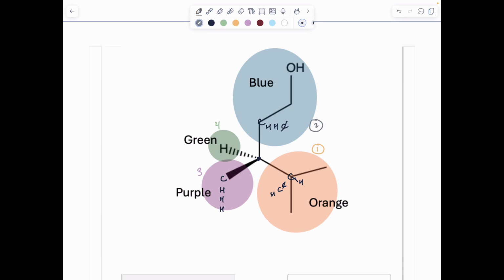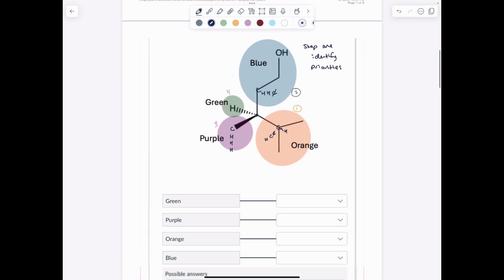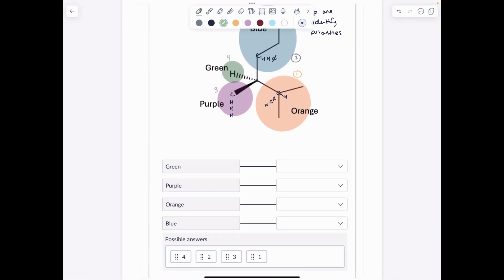So step 1 is identify the priorities. The question just asked you to tell which one is which priority. So green would have been 4, purple would have been 3, orange would have been 1, and blue would have been 2.